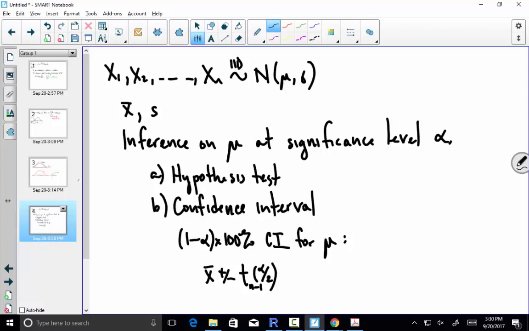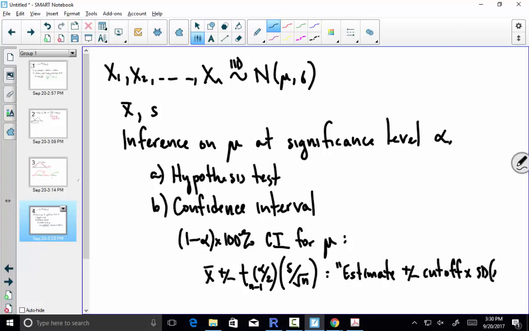So let me write this down, and then I'll comment on it. A 1 minus alpha times 100% confidence interval for mu is x bar plus or minus the critical value times the standard deviation of x bar. This is of the form estimate plus or minus a cutoff times the standard deviation of our estimate.